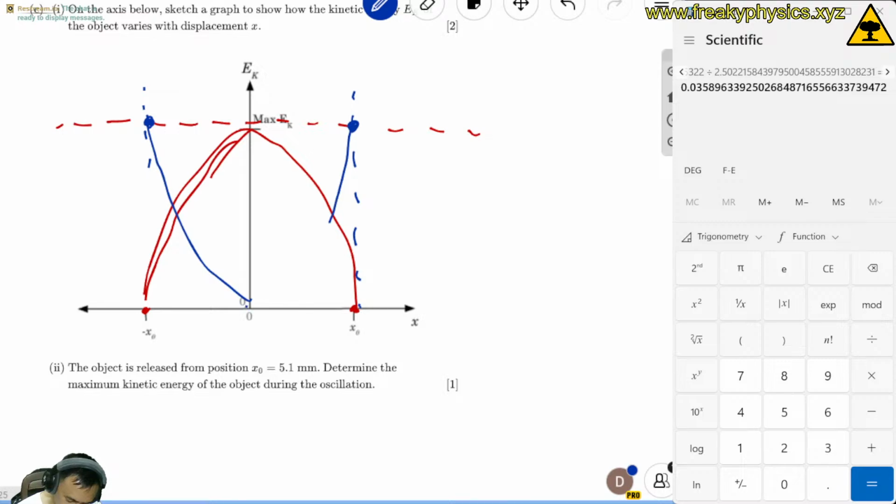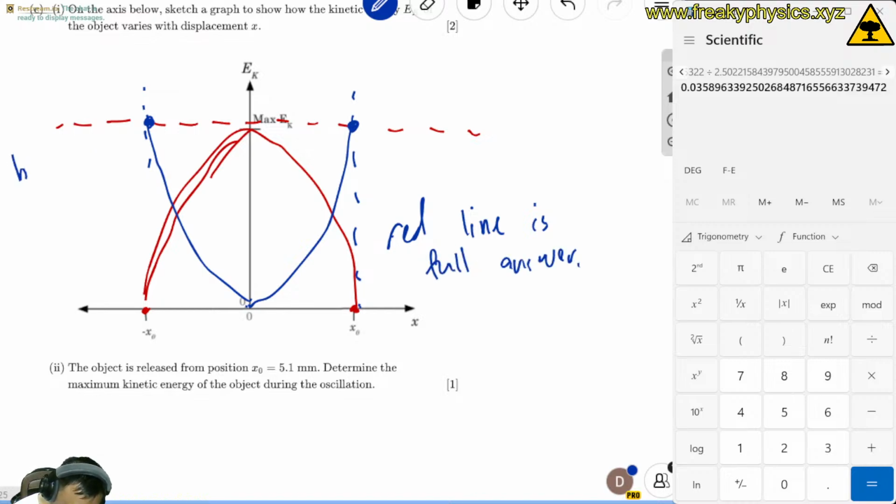Okay. So let's go to part 2 now. I'll just say red line is enough. This is the full answer. Okay. And let's note it here. Blue curve is the potential energy. Okay.